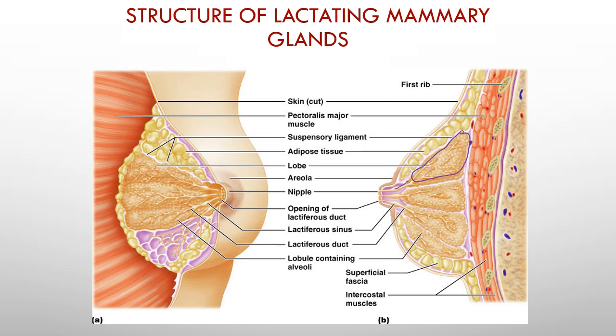That lobe has a lactiferous duct that extends out and up towards the nipple itself. So each one of those lobes will have its own opening on the nipple. The areola extends outward from the nipple. The entire tissue is surrounded by adipose. The suspensory ligaments come down and hold the breast tissue towards the pectoral muscles underneath and help to hold them in place.